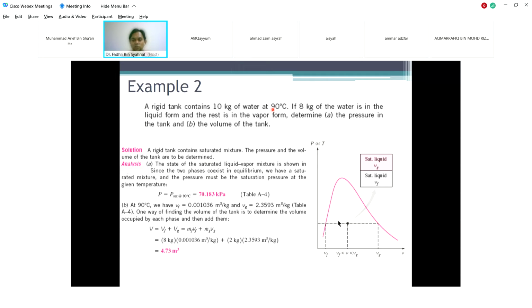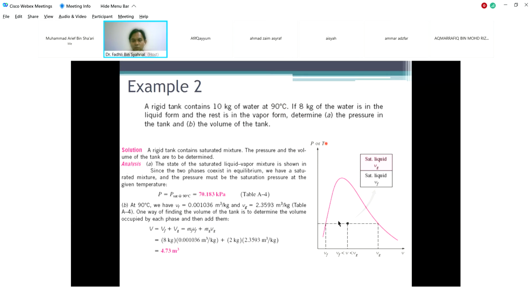Please remember these two hints on how to choose the P-v or T-v diagram for step number 2. So in this case, temperature is given, right? 90 degrees C. Temperature is given, so draw pressure versus specific volume, P versus v.